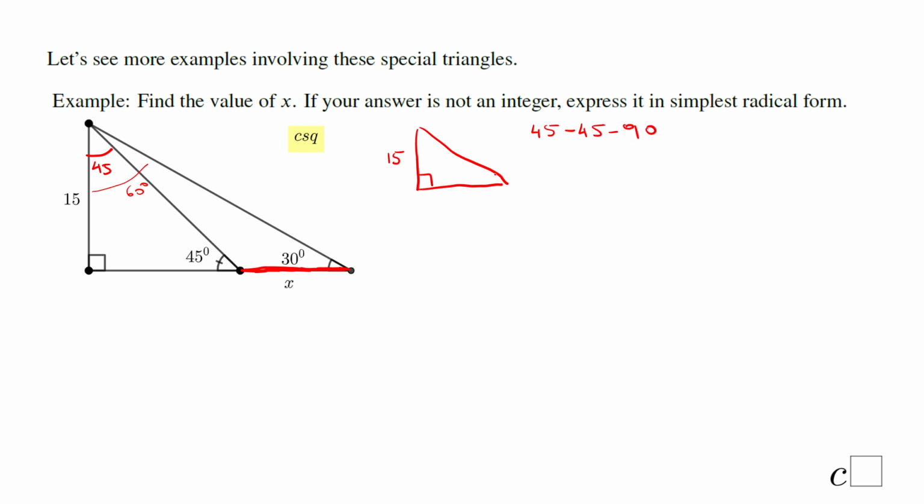This is 15 and this is 45. That means this side here will be 15. If you remember, the legs are the same, because both of them are n.